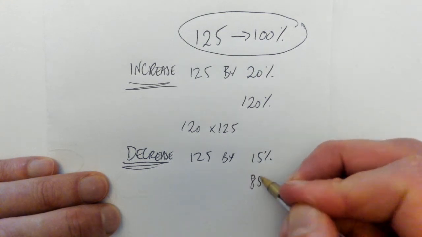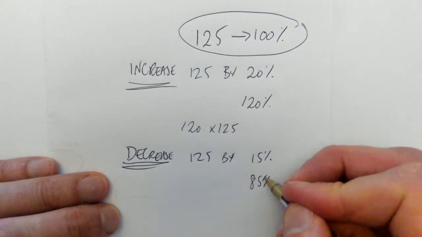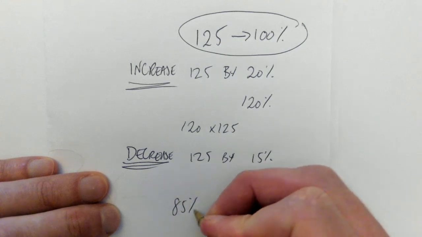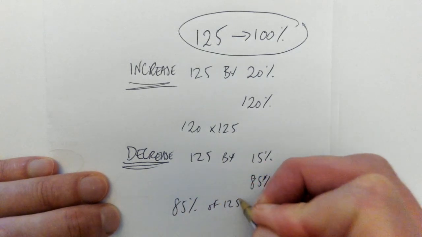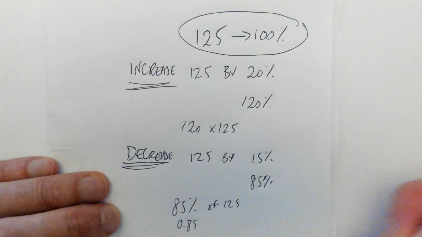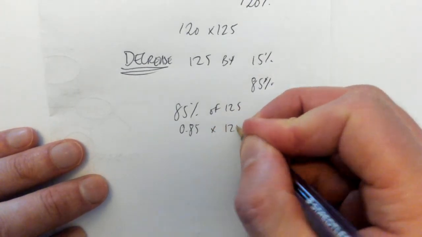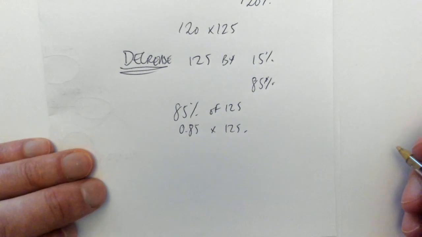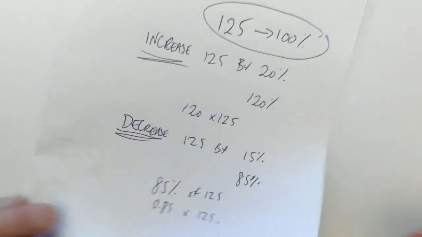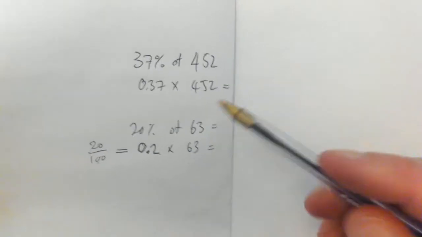So I want 85% of 125, which is 0.85 times 125. Okay, so there we've looked at working out percentages of amounts, and now we looked at increasing and decreasing percentages.